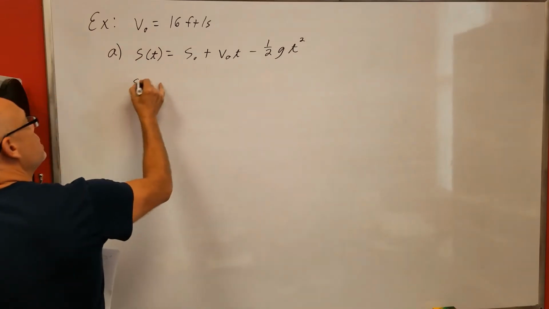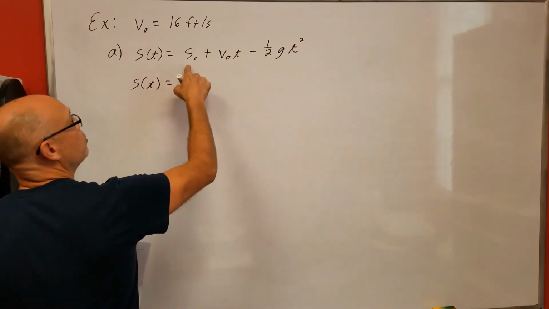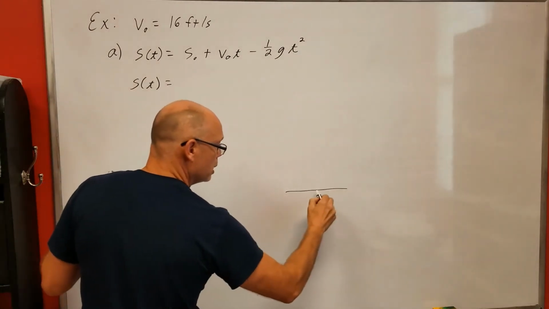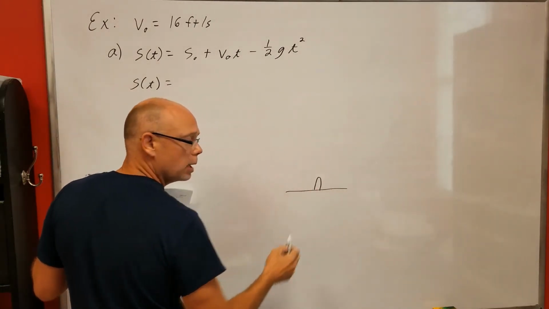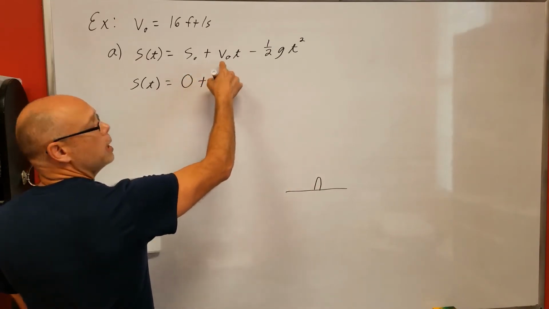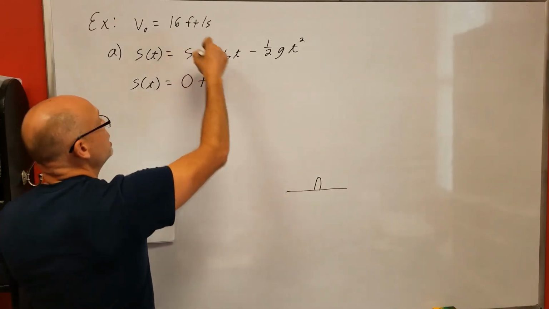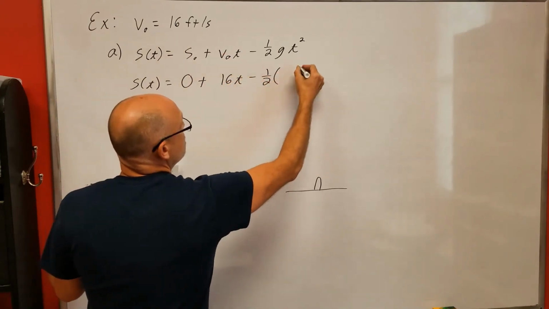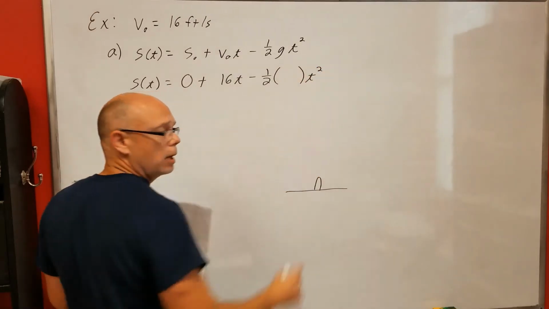So S of t is equal to, what's my initial position? If the rocket starts at ground level, the initial position will be 0. Plus my initial velocity, they tell me, is 16t minus 1/2 times g times t squared.